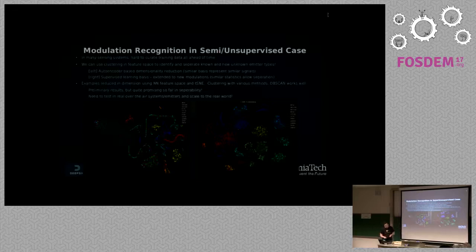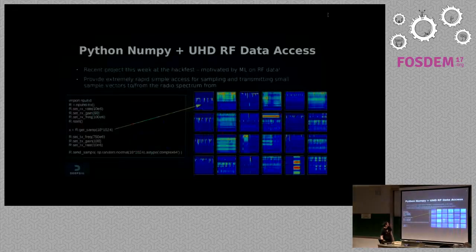All right. So then this goes to some of the work that we did this week at the Hackfest. How many times, raise your hand if you've ever written a flow graph that's a USRP source through a head to a vector sink, right? Okay, we got a handful.